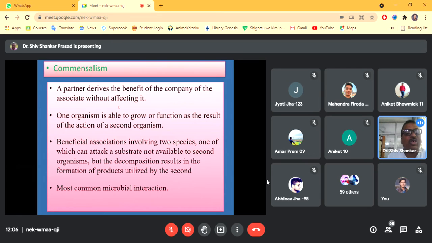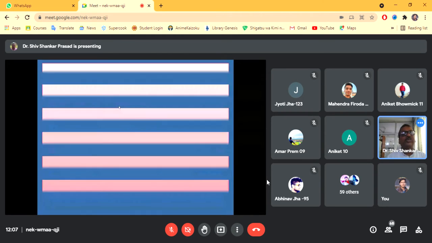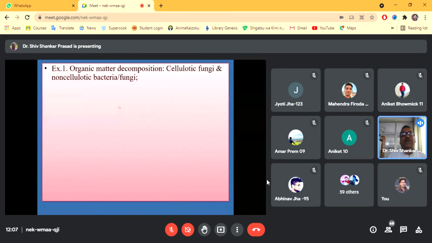It is the most common microbial interaction in the soil. Okay, so this type of microbial interaction is very common in the soil system. Example, organic matter decomposition. There are several types of microorganisms, cellulolytic fungi, and non-cellulolytic bacteria and fungi.